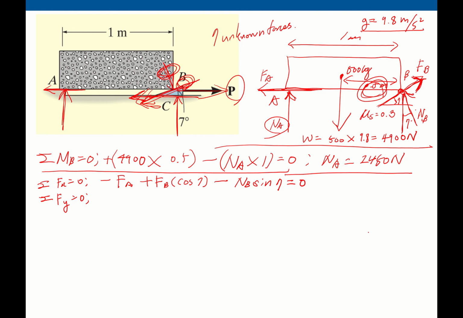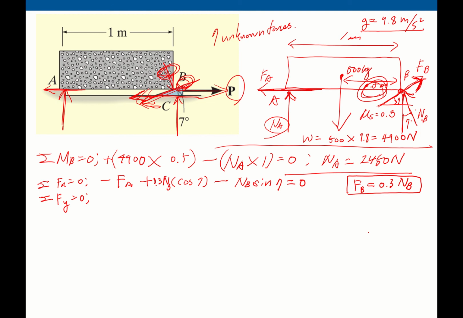But you know what? Actually, this force B, the frictional force at point B, is equal to 0.3 normal force B, right? Because this one will be impending motion. The frictional force is the maximum frictional force, which is the static frictional force. So that's why we can use this equation for this part. Okay? 0.3 normal force.